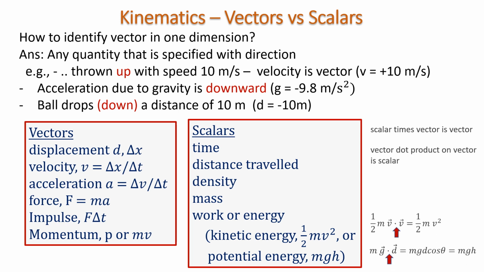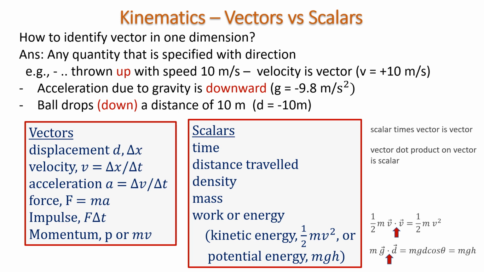Work or energy, this is a bit more interesting. Let us consider kinetic energy, which is half mv square. Now you know that velocity is a vector. How can you multiply a vector with a vector?